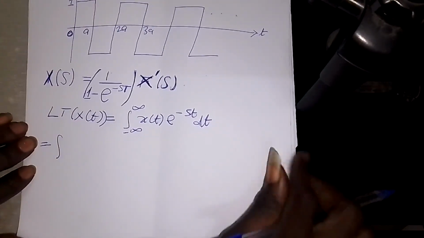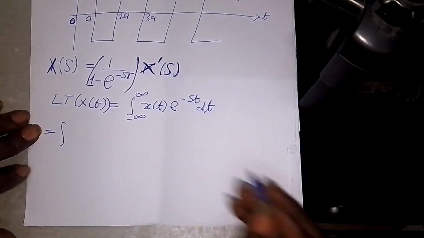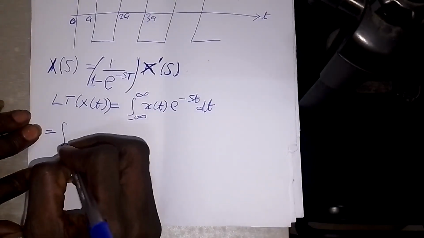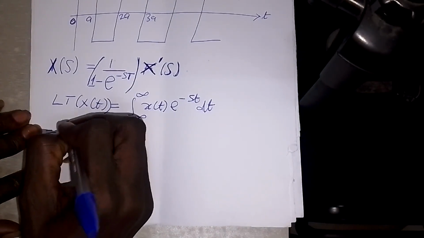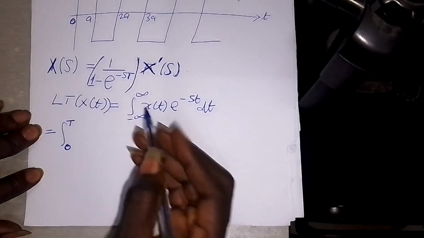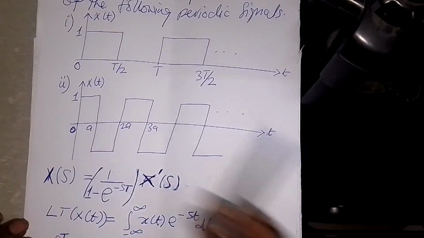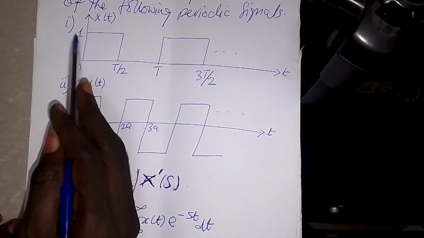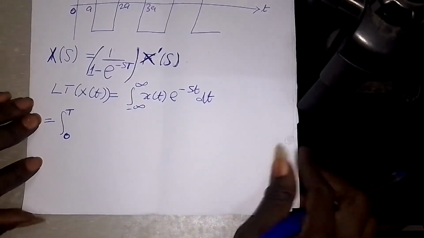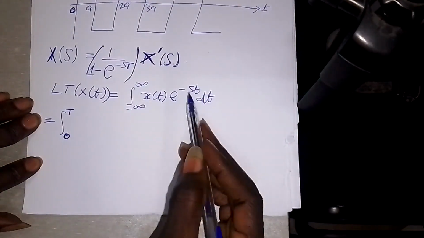So here I can say 0 to T, and what is my x(t)? My x(t) is 1.